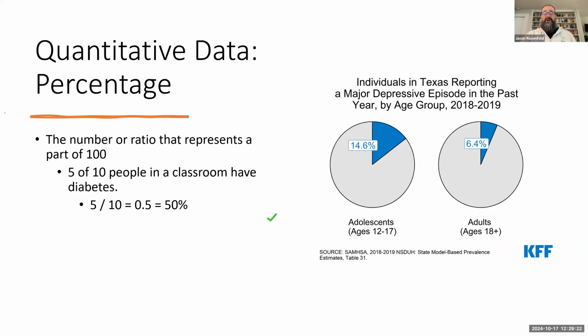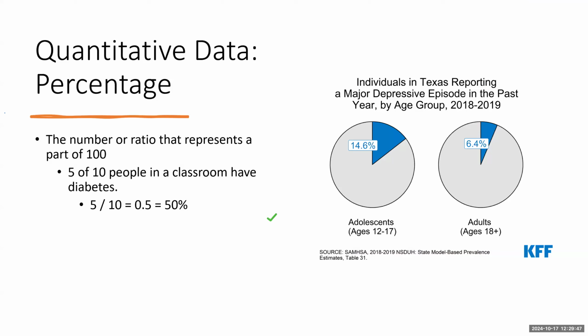Can anybody share with me what they observe in these two pie charts? Don't be shy. Are you talking about the different categories, the age groups? Yeah, just tell me what you see. What are these pie charts showing us? What do you interpret from these pie charts?